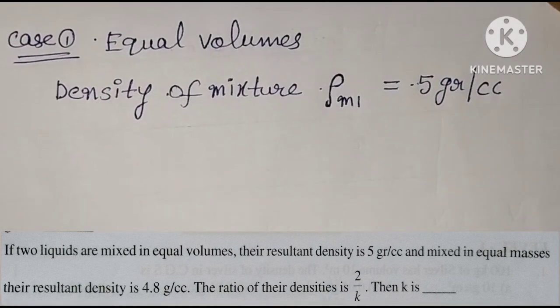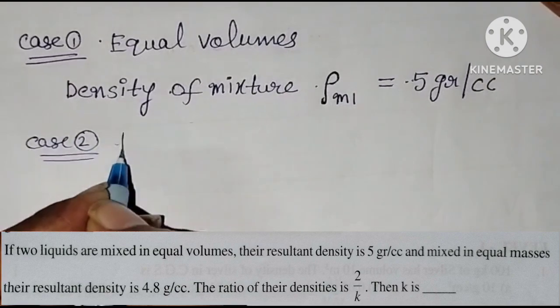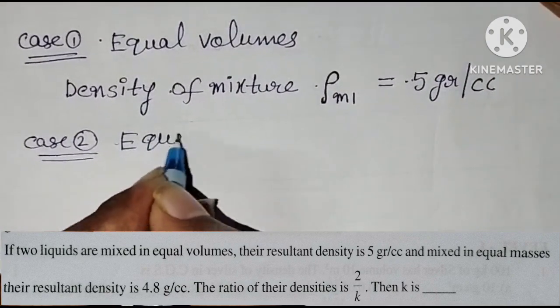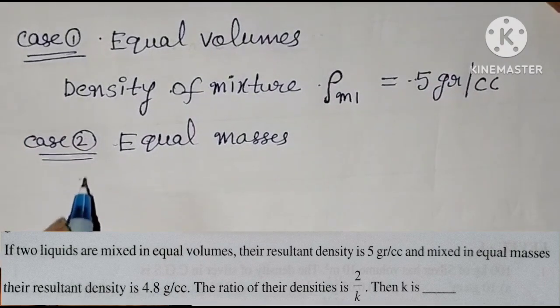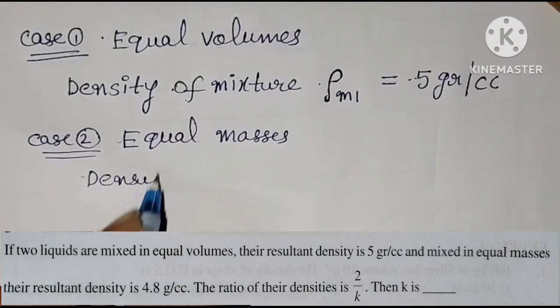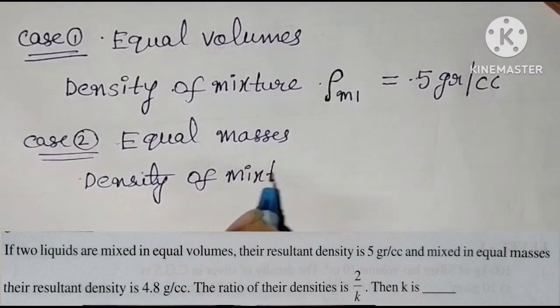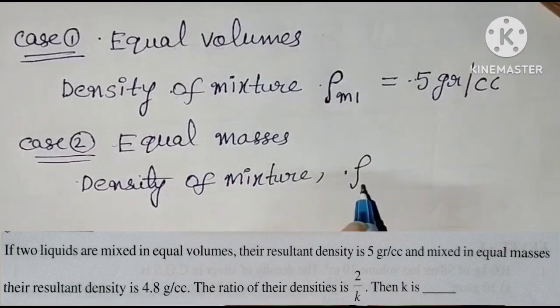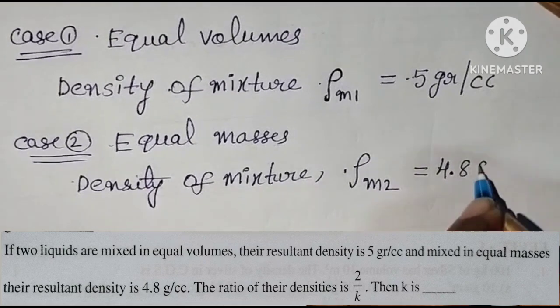Case 2: suppose they are mixed in equal masses, now what about the resultant density? The density of the mixture, let us say rho m2, is equal to 4.8 gram per cc.